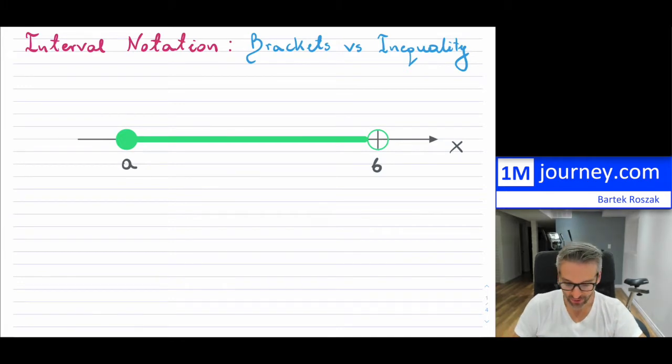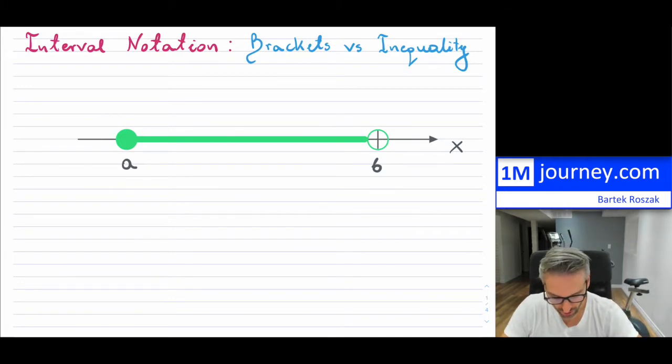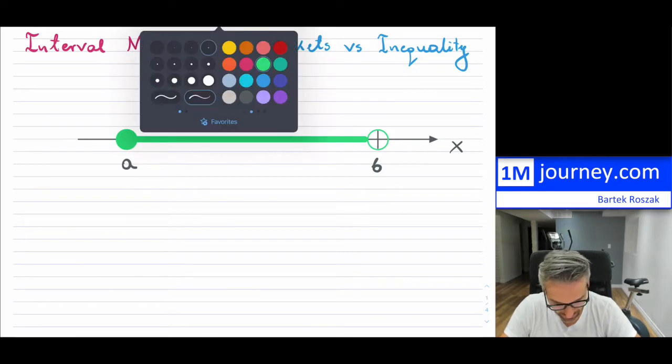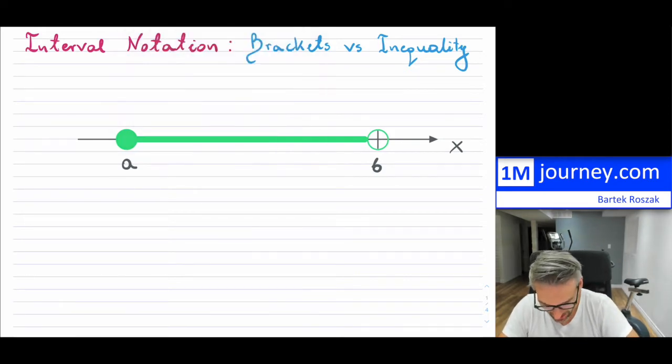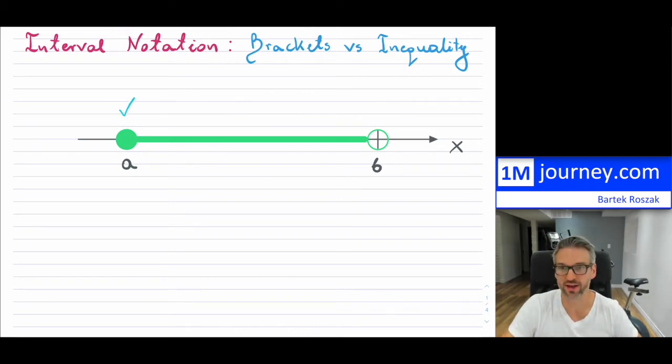Now, one thing that I would want to distinguish: right here, we have this A, and it's a big, filled dot. And then we have this B, which is a non-filled dot.